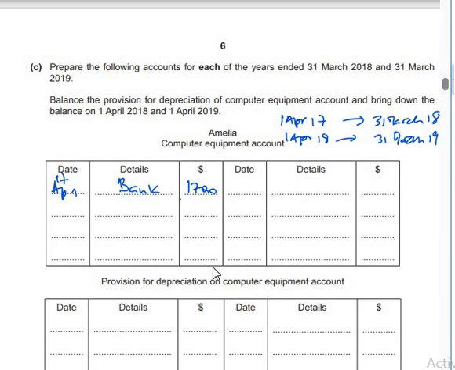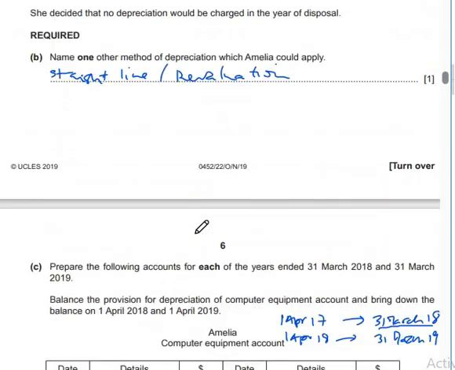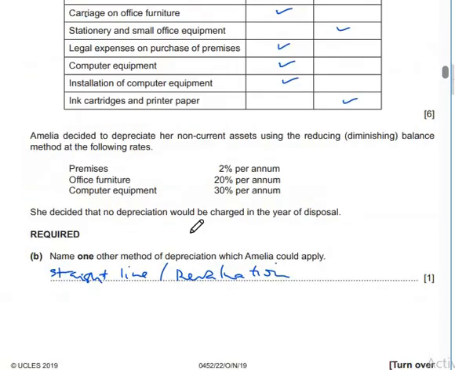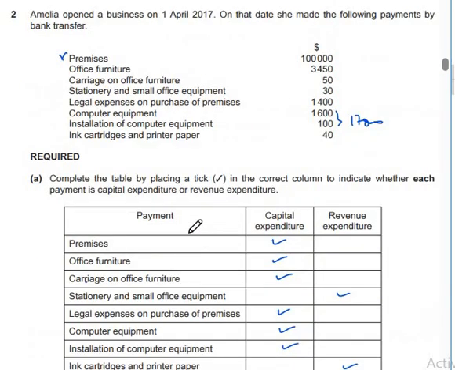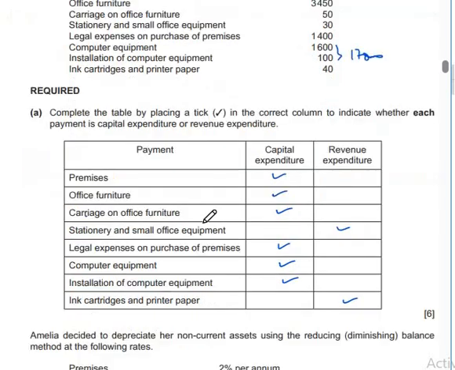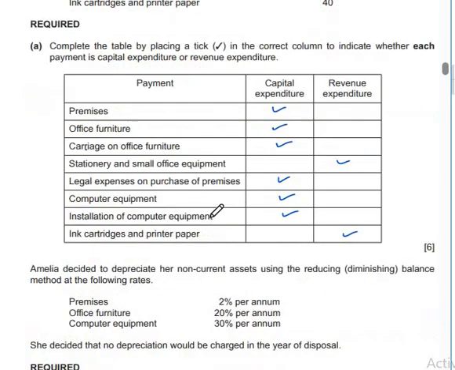Now, if we are recording the provision for depreciation, we are recording at the end of the year, meaning our year has ended on 31st March 2018. If you recall, when we were doing the slides in PowerPoint, we said that we have to depreciate the asset by crediting provision for depreciation and debiting income statement, right? Now, look at the cost.